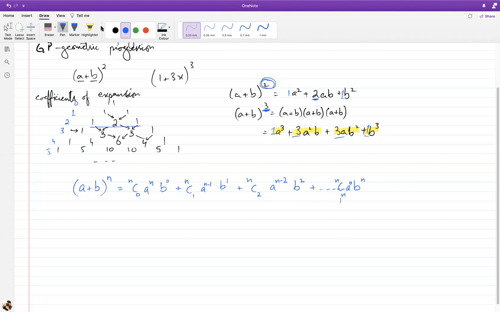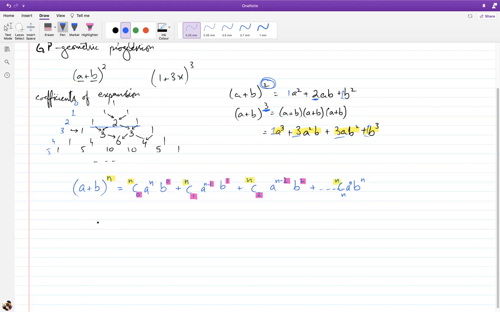Now, how is this working? If you notice, first of all, this n is common everywhere. Every term starts with this coefficient. Second, the numbers you can see are 1, 2, 3, it keeps on rising, but that same number appears here. And that same number is subtracted from this.